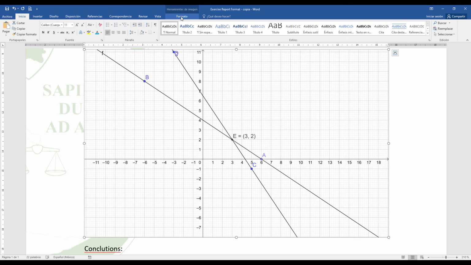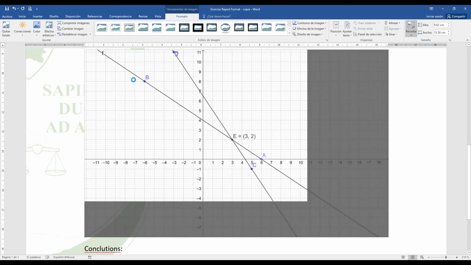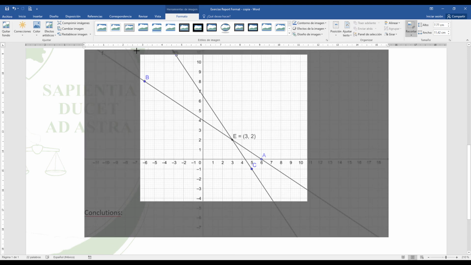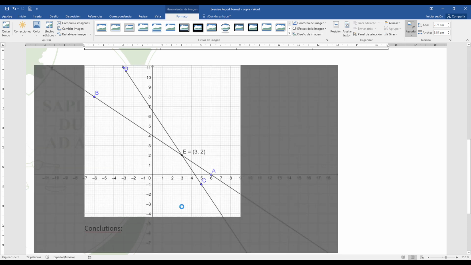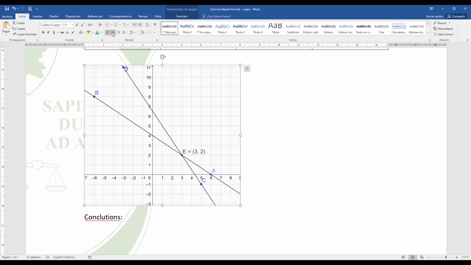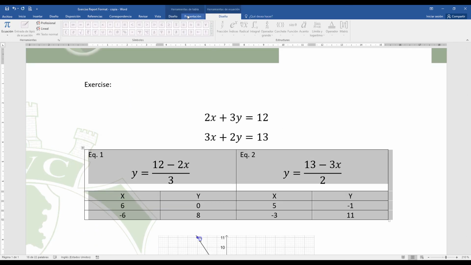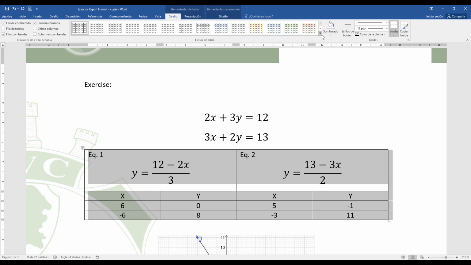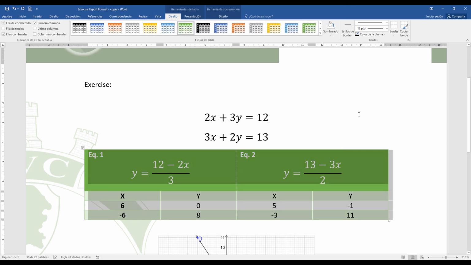Maybe you can modify it a little, for example, show only the points that we are interested in, and maybe color it a little differently.